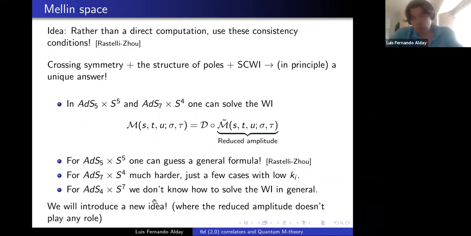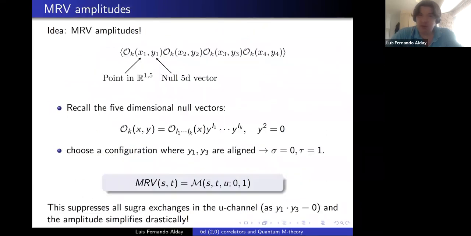Good. So we will try to introduce a new idea, since for AdS7 cross S4 and AdS4 cross S7 we don't know how to solve these things in general. And the new idea is the following: to introduce the concept of maximal R-symmetry violating amplitudes.